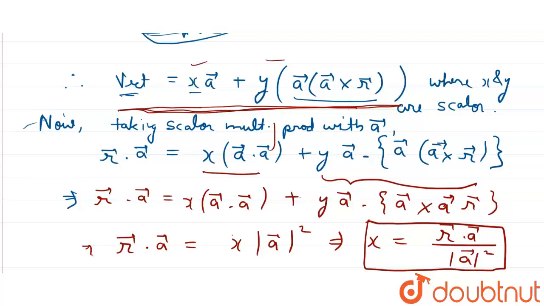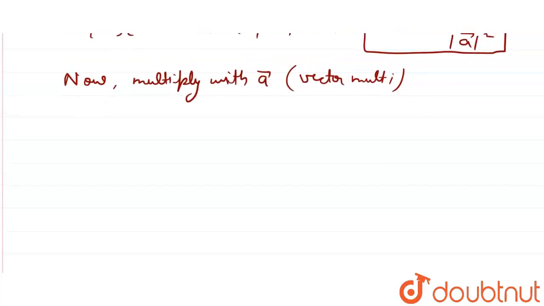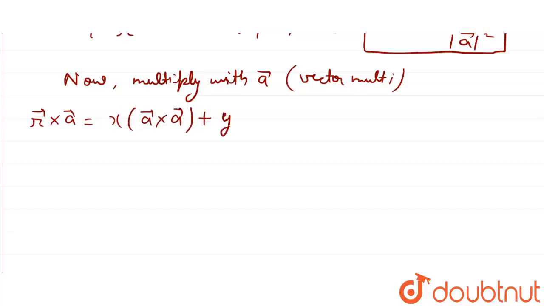We have already found x by scalar multiplication, and y we are going to find by vector multiplication with a. So now r cross a vector equals x a cross a vector plus y a cross r vector cross a vector.